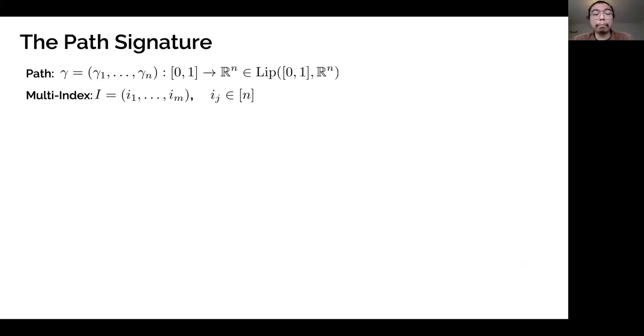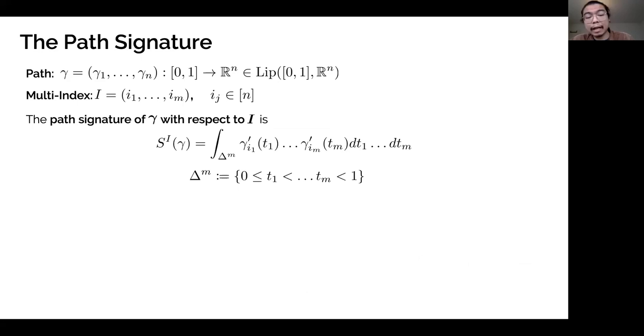And given some multi-index I1 up to Im, where each of these indices is some number between 1 and the dimension of the path, the dimension of the codomain, we define the path signature of gamma with respect to this multi-index as this iterated integral.